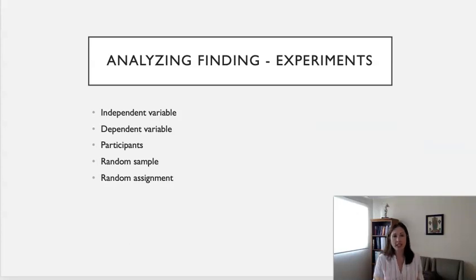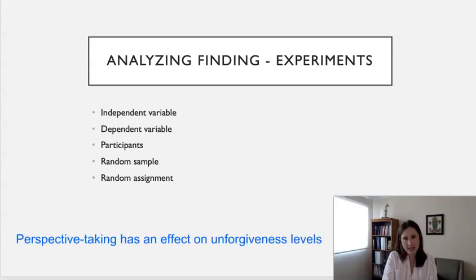So the easiest way to tell these apart, independent and dependent variable, is put your hypothesis in the phrase, this has an effect on that. So for example, with my perspective taking study, my research question or my hypothesis was perspective taking has an effect on unforgiveness levels.